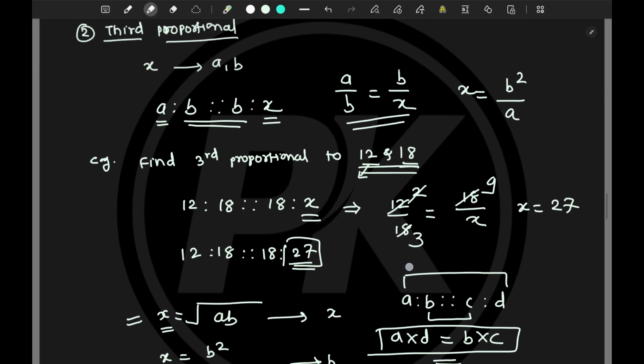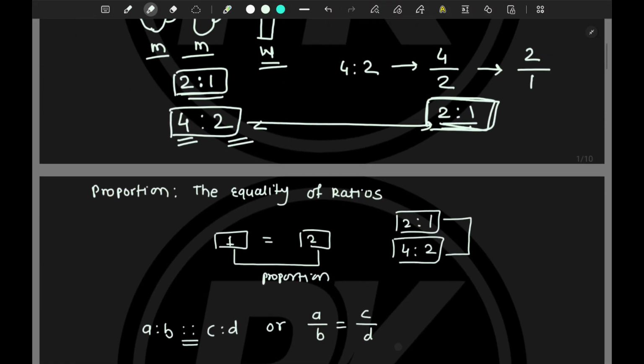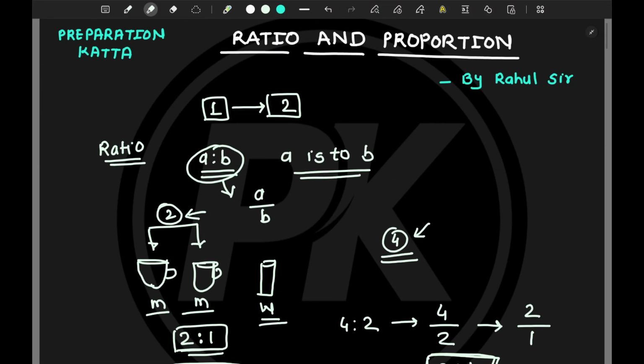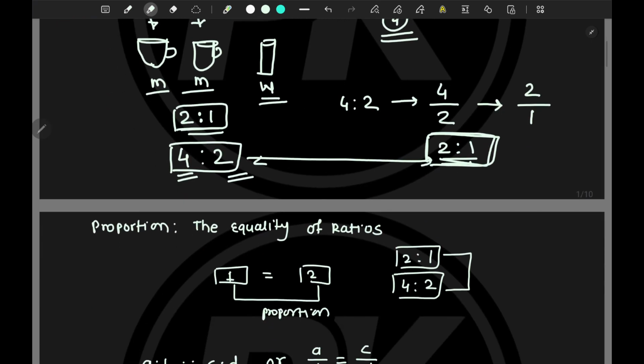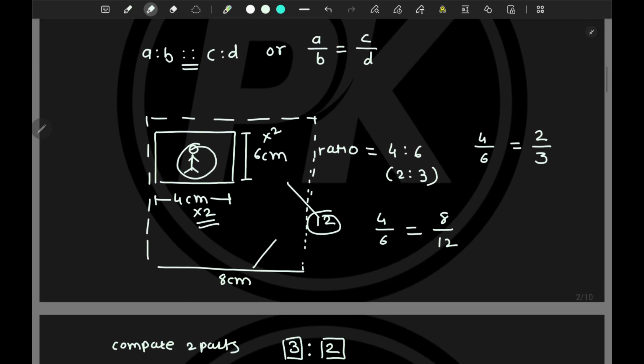I hope you understood the entire theory part. Let's revise quickly in 2-3 minutes. We have seen what ratio means and what proportion means, that proportion is the equality of ratios.